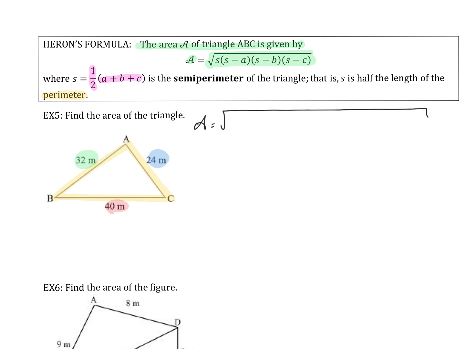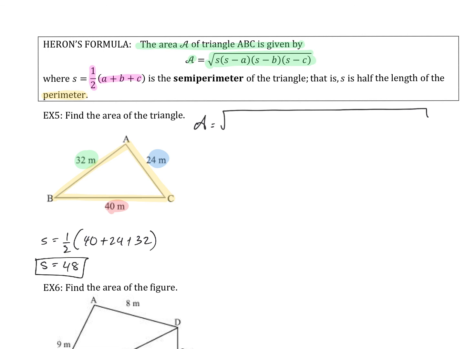Okay, so first we need to find S. S is going to equal half of A, so that'll be 40 plus, basically it's all of the sides, 24 plus 32. So then S is going to equal half of all of that, which is 48.